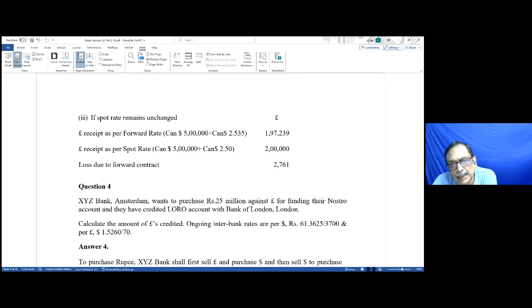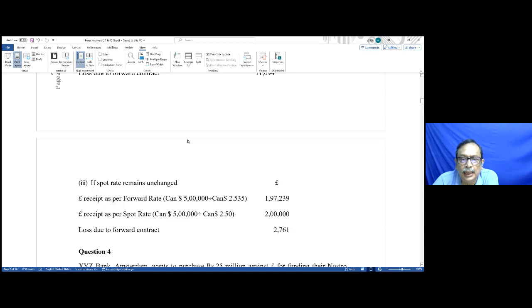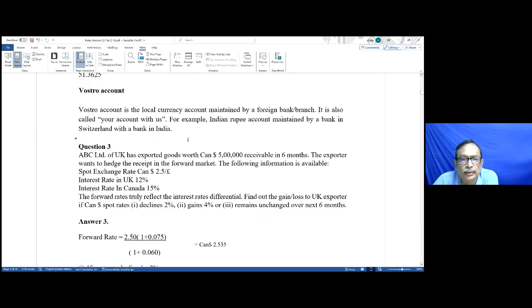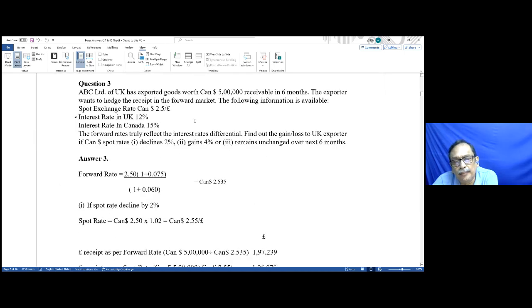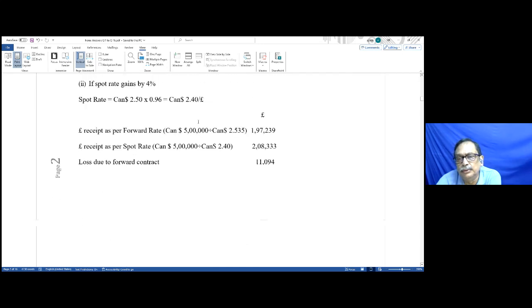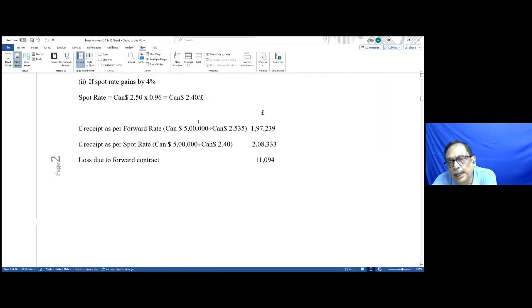And pound receipt as per spot rate, that is Canadian dollar 5 lakhs divided by the exchange rate, that is Canadian dollar 2.50, that is given in the question. So it comes to 208,333.